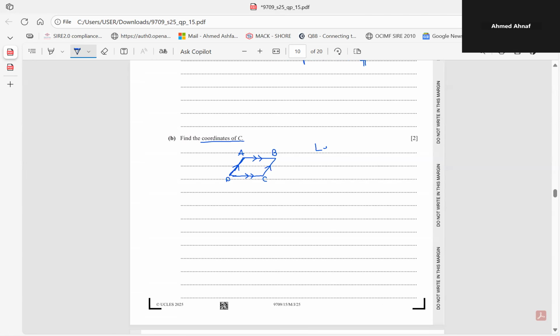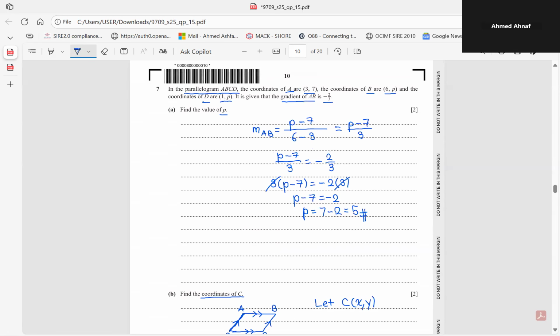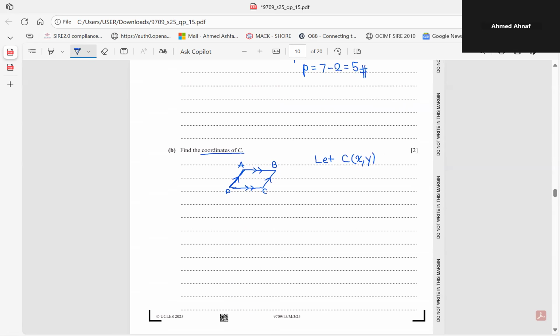So first, we're going to let C be (x, y). Let's find the gradient of CD.